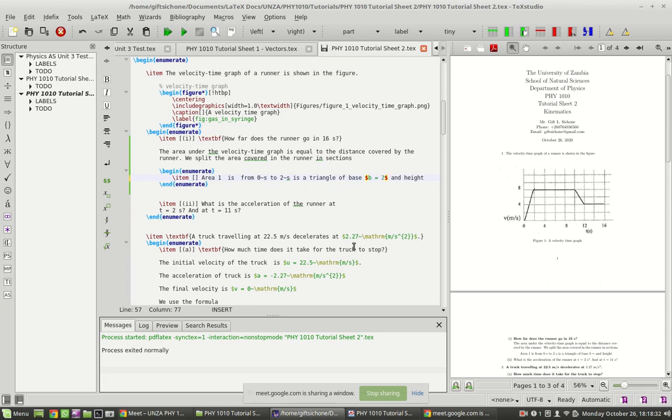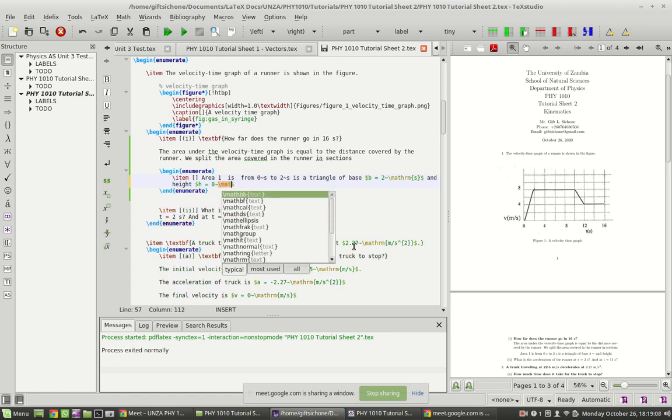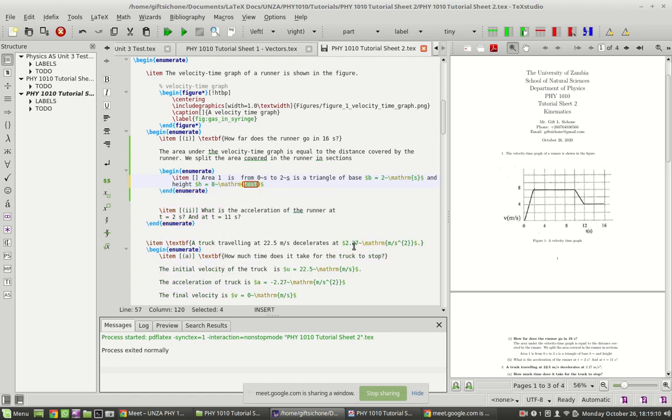It's 8. The height is 8 what? Does it have any units? 8 meters per second.